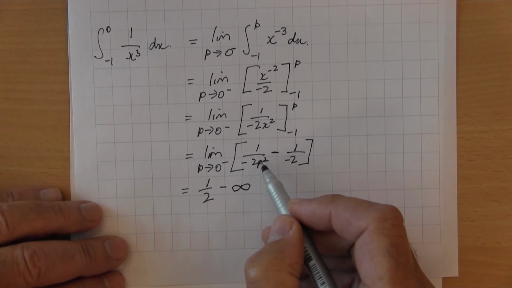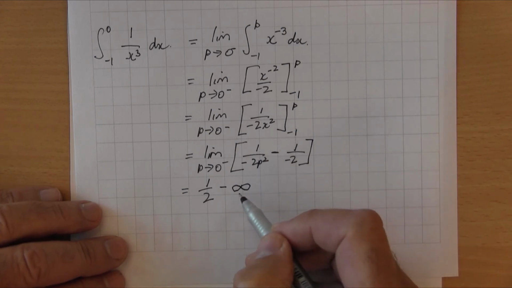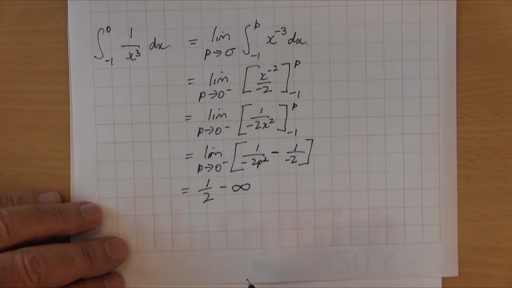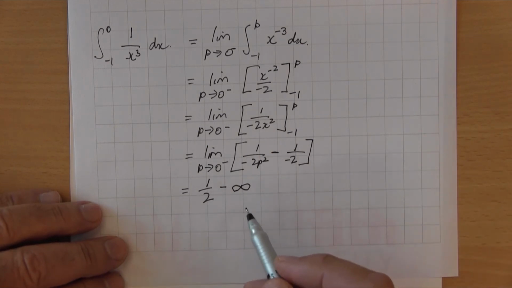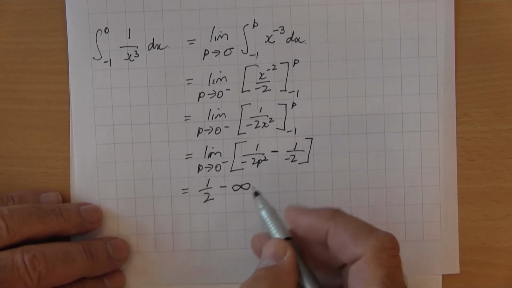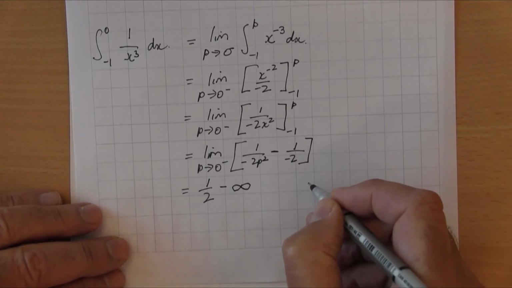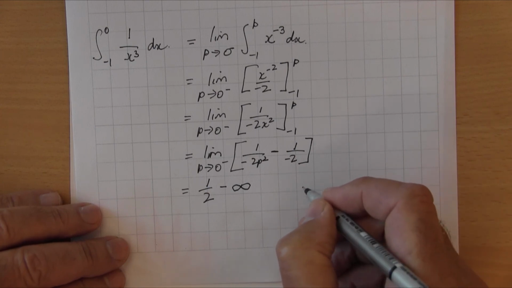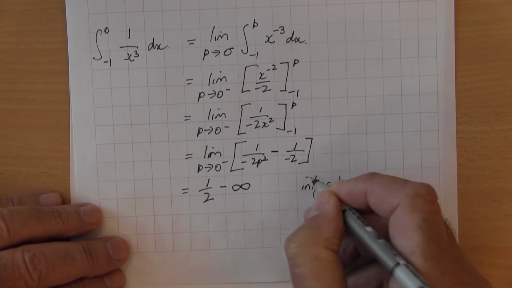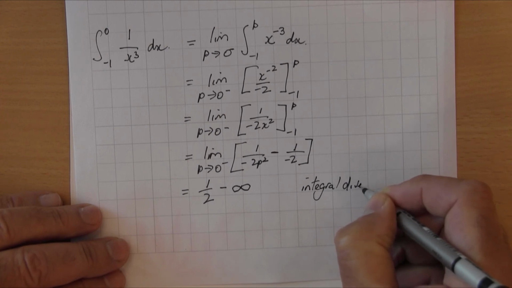So as p approaches 0, 1 over 0 approaches infinity. The negative comes from here. So we've got a half minus infinity. Therefore we say that's going to be divergent, it can't be assigned a definite value. So the integral diverges.